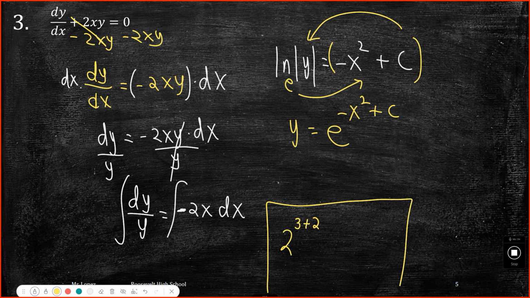What is 2 to the power of 3 plus 2? Would you agree that it is 2 to the 5th? Yes or no? Now, would you agree that this is also true, that 2 to the 3rd times 2 to the 2nd is 2 to the 5th? Would you agree on that?